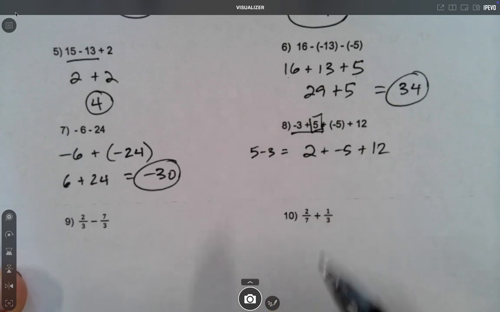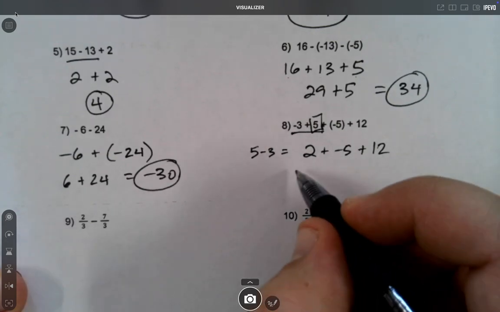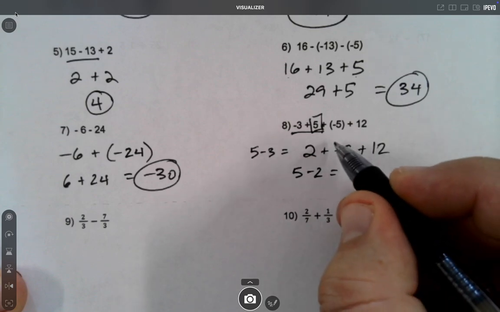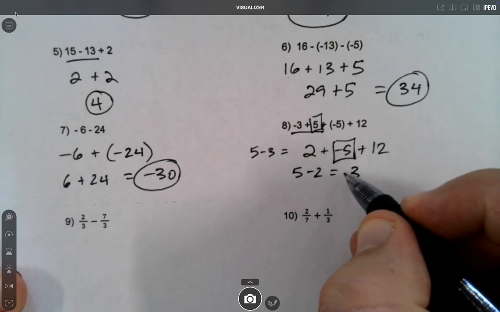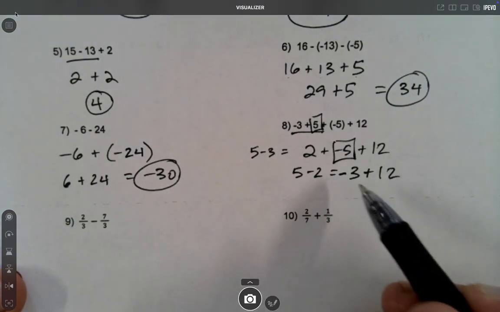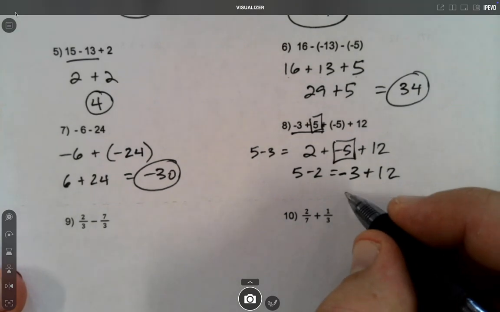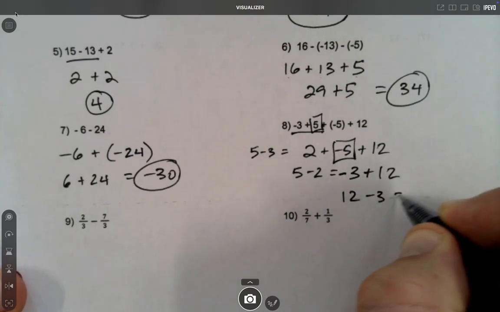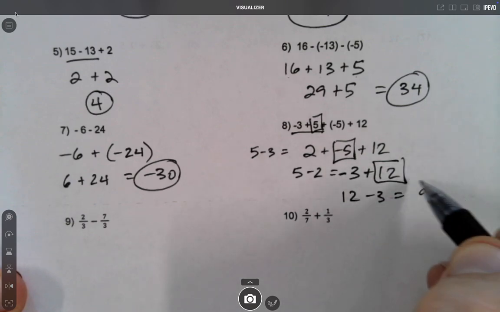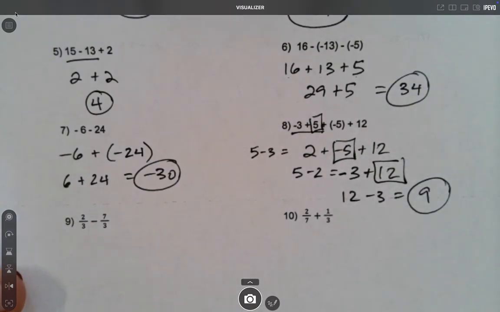So 2 plus negative 5, that's different signs. So I subtract the bigger one minus the smaller one, and I keep the sign of the bigger one. 5 is bigger than 2, so it's a negative 3 plus 12. And again, we have different signs. Negative 3, positive 12. I do the bigger one minus the smaller one. I get 9. And since 12 is the bigger one, it stays a positive 9.